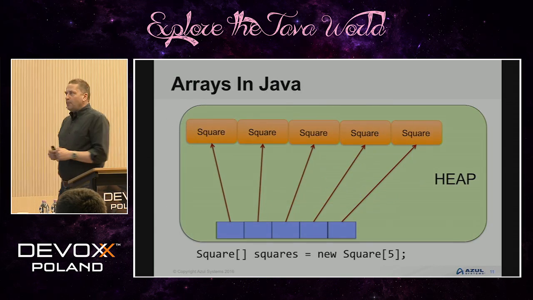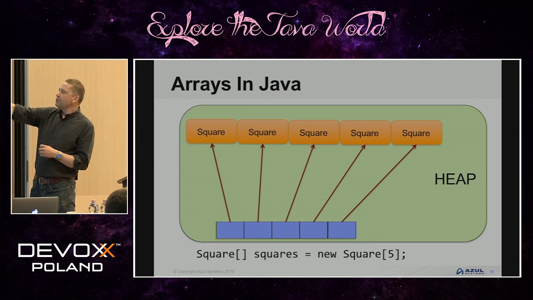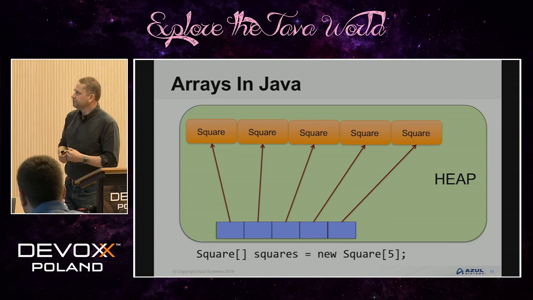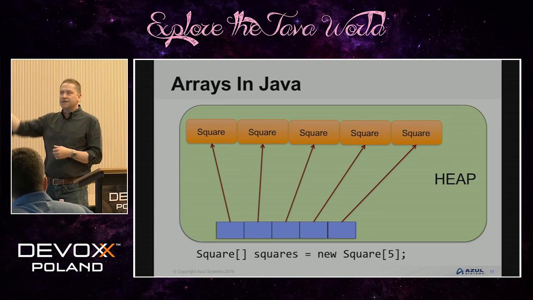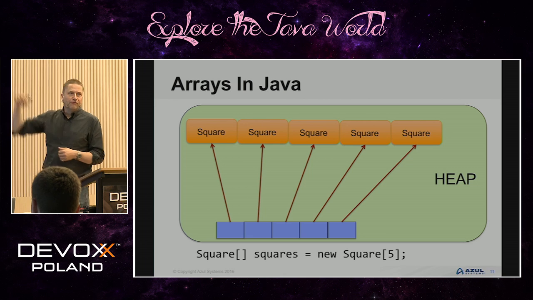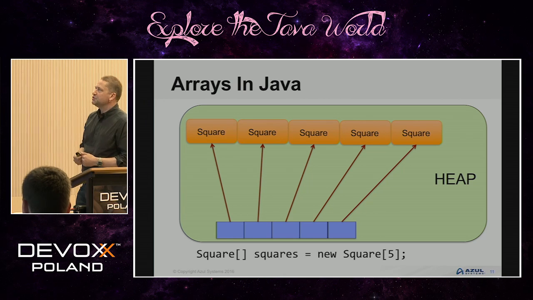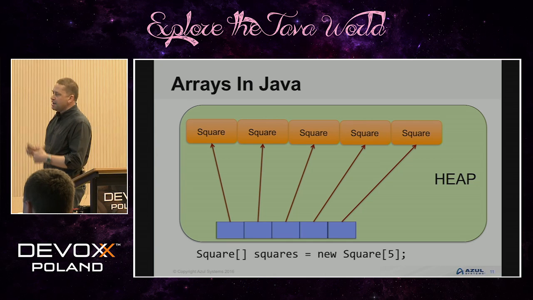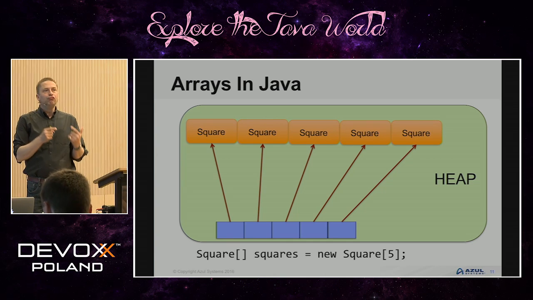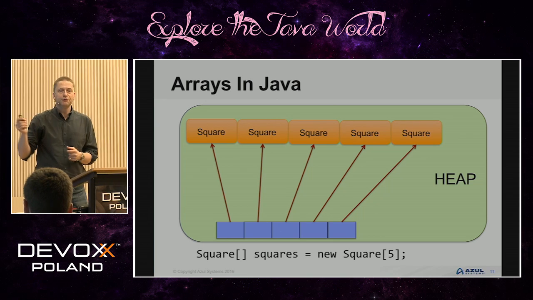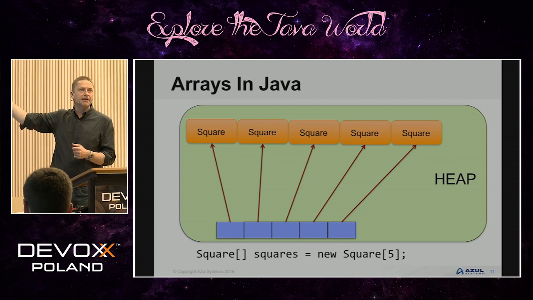But then we get into a more complex situation. Let's say we want to, again, allocate an array of square objects. So we do that by creating an array and saying it's of size 5, and then we go off and we allocate or instantiate new square objects, and we assign those to the elements in our array. That's all good, and if we're really lucky, we may get those square objects allocated contiguously in memory.